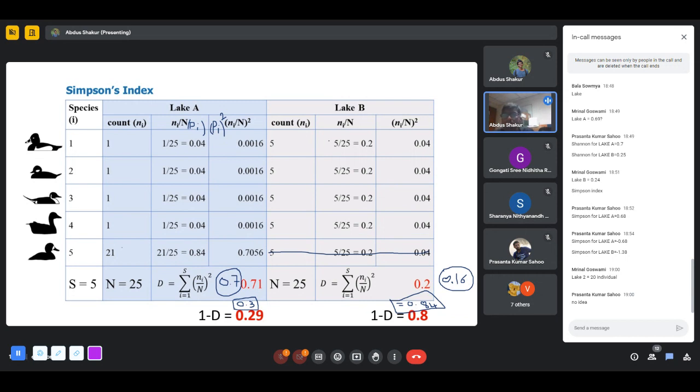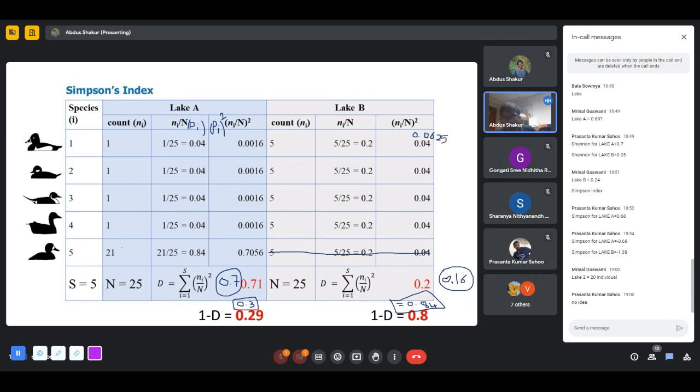So it's 5 by 20, right? 5 by 20 is 1 by 4, which is equal to 0.25. Okay. 0.25 into 0.25 is 0.0625.